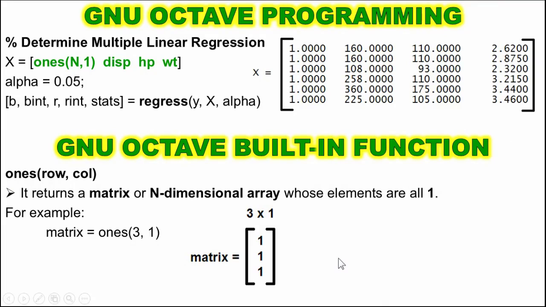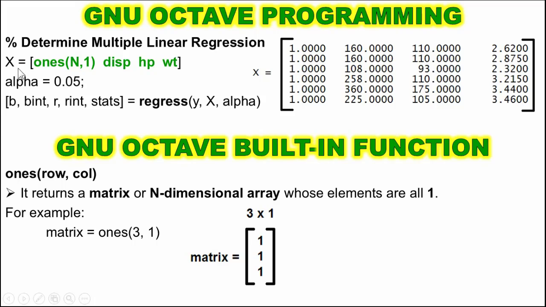The following GNU Octave codes are taken from the laboratory hands-on activity number 6. To set up the determination of the multiple linear regression model for the miles per gallon of the 6 cars, we first join the matrices cylinder displacement, horsepower, and weight together with a column of 1s.